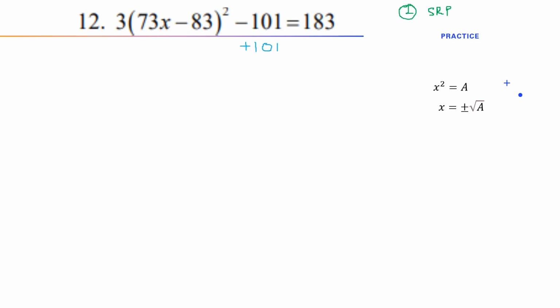We are left with (73x minus 83) squared on the left-hand side, because negative 101 adding 101 is 0. And then on the right-hand side we have 183 add 101.